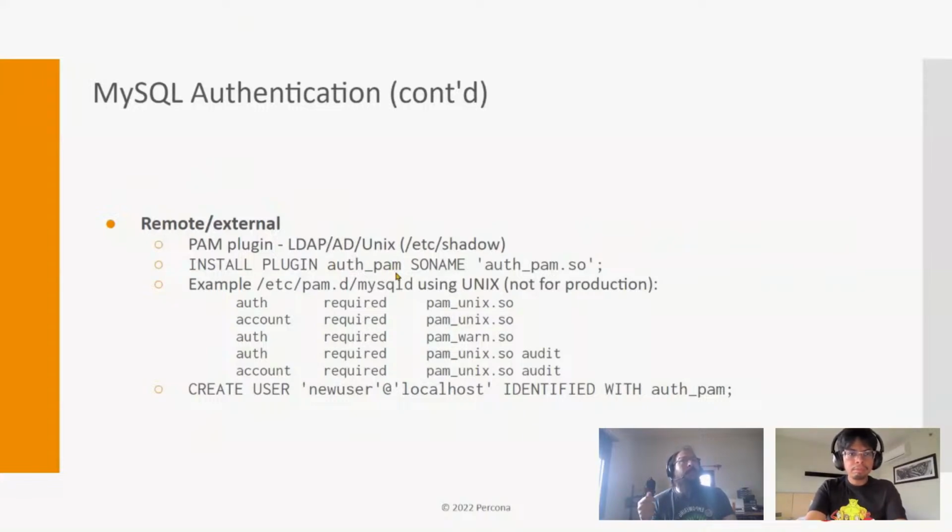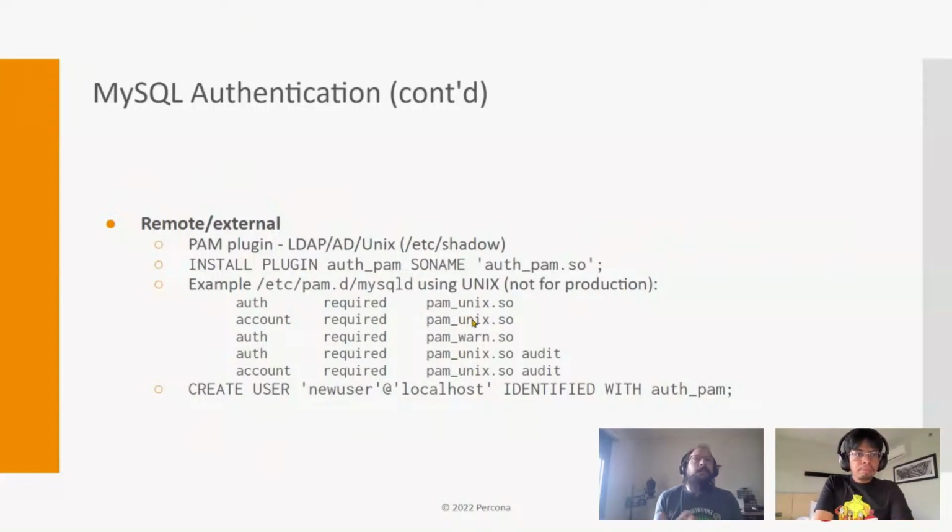And with the auth-pam plugin, you can use PAM, which stands for Pluggable Authentication Module. And it's a Linux facility that allows authentication in a pluggable way. So there is not a single way, rather you combine plugins and modules to build up the authentication you need.